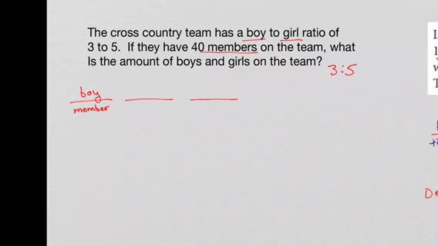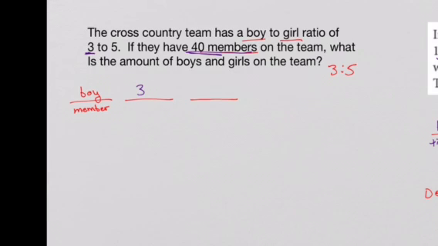So now let's go back and let's figure out exactly what to put. I think it's obvious what to put for the amount of boys, because we see right here, boys is listed first and 3 is listed first, so we know we have 3 boys. But what to put on the bottom? Because it says members, and the only number that we've been given for members is 40 members. But that 40 members is the total amount. And we want to figure out when it says 3 to 5 ratio.